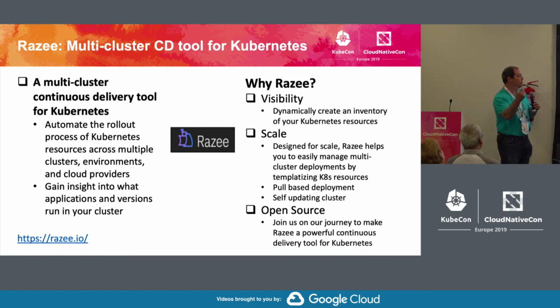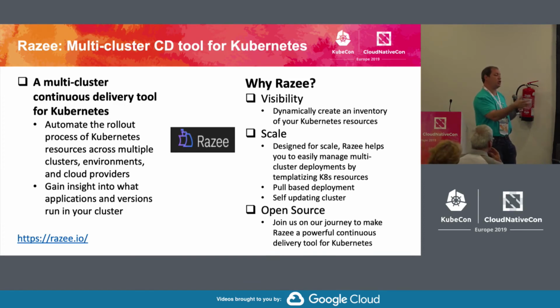So the clusters can pull them, and the clusters can self-update, and they also have dynamic inventory. So at any given time, you can ask, what's really running on that cluster? It's easy to know what's running there. They've got dashboards, they've got histories, and they've got ways to control and tailor what's getting sent to different clusters.